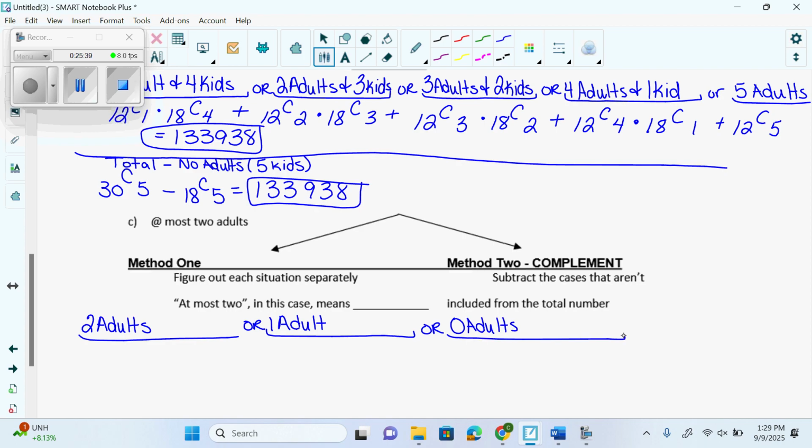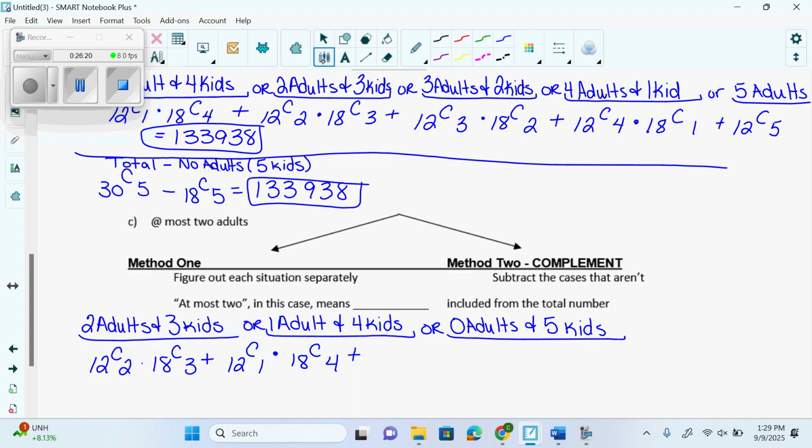Any subcommittees of 5. So this would be 2 adults and 3 kids, 1 adult and 4 kids, 0 adults and 5 kids, so adults from adults, kids from kids. So we get 12C2 times 18C3 plus 12C1 times 18C4 plus, do I have to show 12C0?